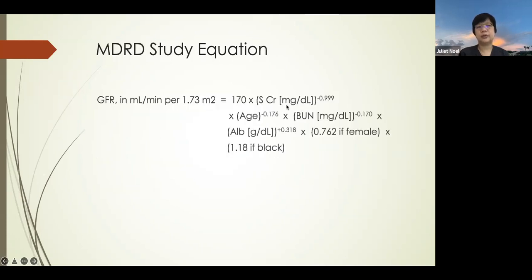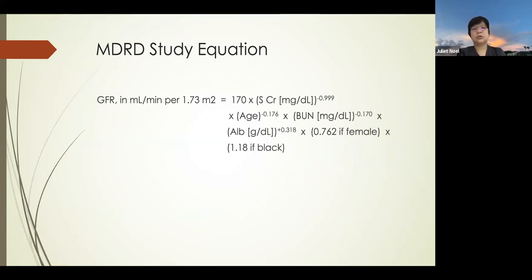The other formula would be the MDRD study equation. So this one is more complicated to use manually, but this is available in Med Calculator. The parameters that they need would be the serum creatinine, the age of the patient, the BUN, the albumin, the gender of the patient, and the race, no, if it's Black or not.